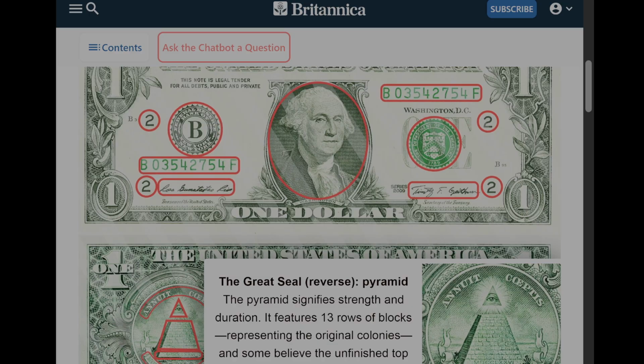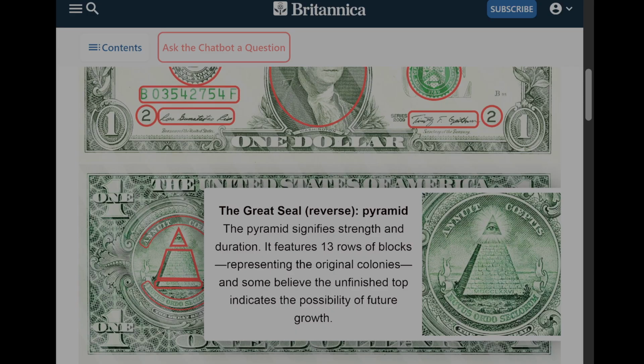The pyramid signifies strength and duration. It features 13 rows of blocks representing the original colonies, and some believe the unfinished top indicates the possibility of future growth.